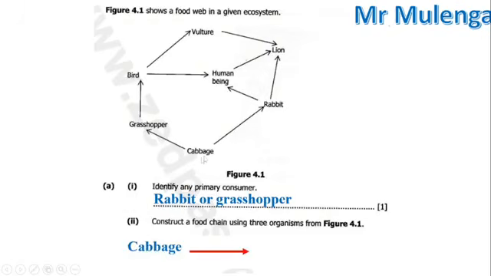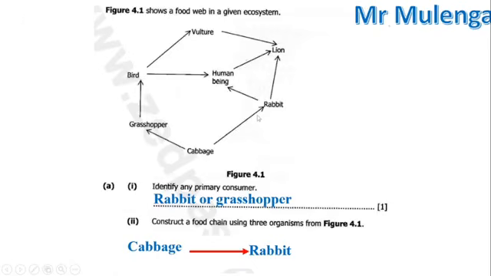From cabbage, now we are going to go to the primary consumer. In this case, you can either pick grasshopper or rabbit. Any of these can be your primary consumer. So we have picked rabbit. Then we are remaining with the secondary consumer that will feed on the primary consumer.